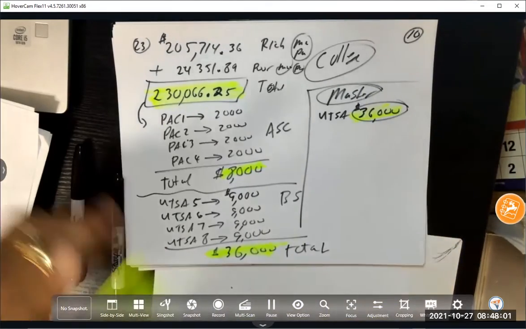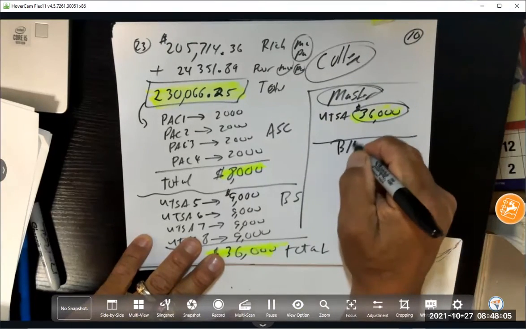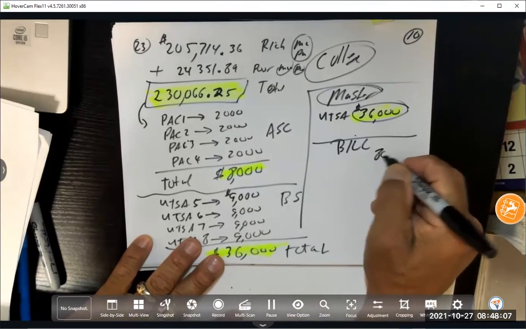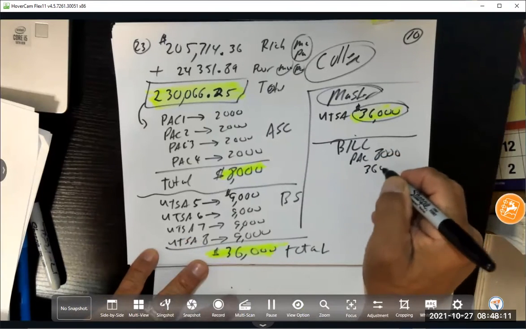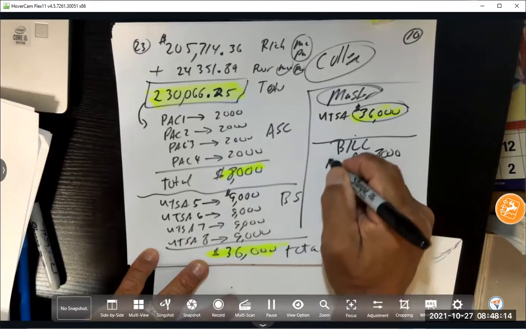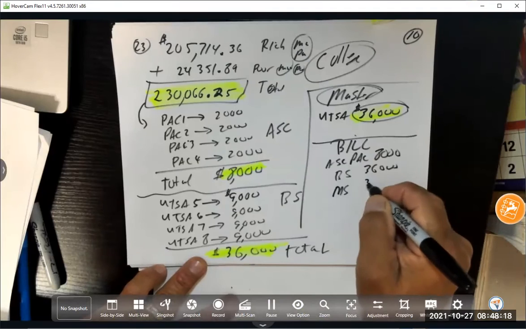So right now, your total bill is $8,000 for the associates, $36,000 for your bachelor of science, and for your master of science, whatever, another 36,000.